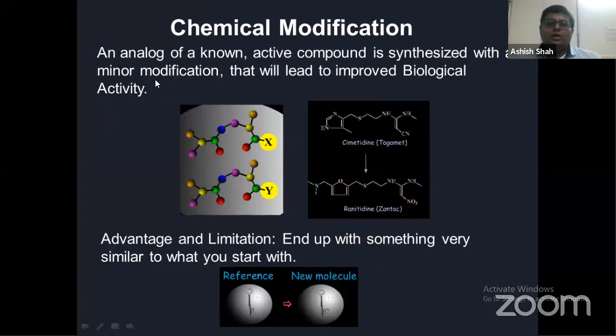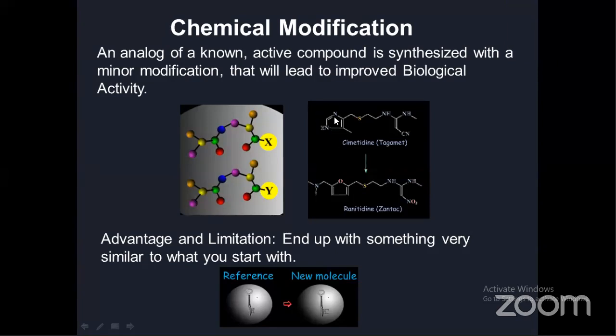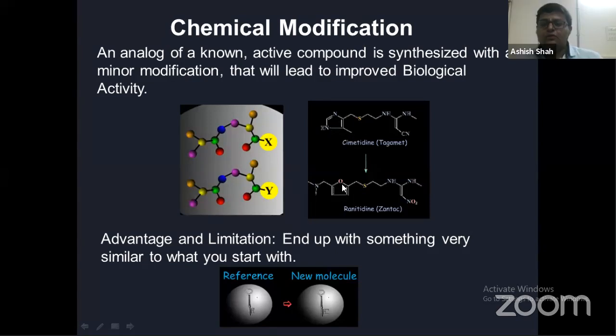Now, the third traditional approach is chemical modification. As the diagram suggests, I have put one example of this chemical modification. Here this drug is cimetidine. They made some changes. Instead of the imidazole ring, they replaced it with a furan ring, and made some chemical changes.